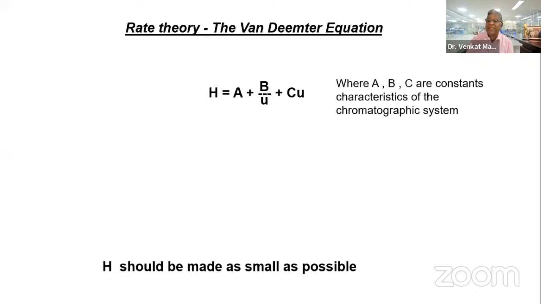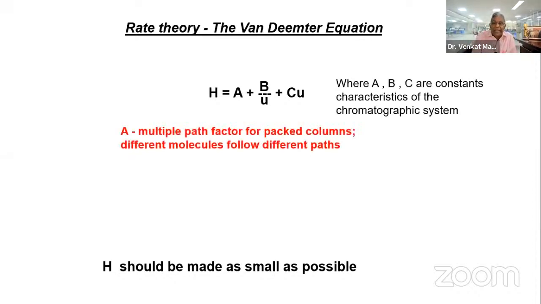u is the linear velocity of the mobile phase. Note, it's a very, very simple equation. What are these three? These three, A, B, C, are characteristics of a chromatographic system. It actually gives you the real information of what is happening inside the column. The column is packed by particles of 5 micron to 10 microns.